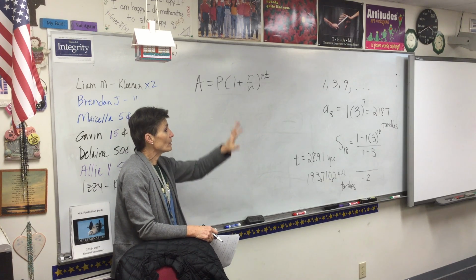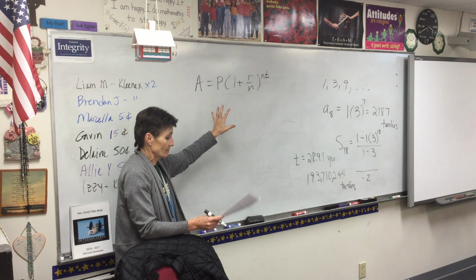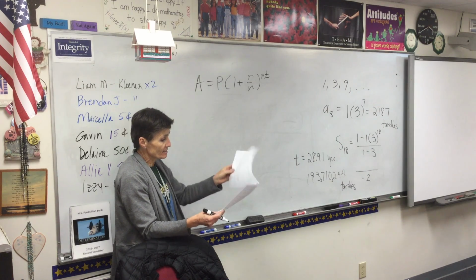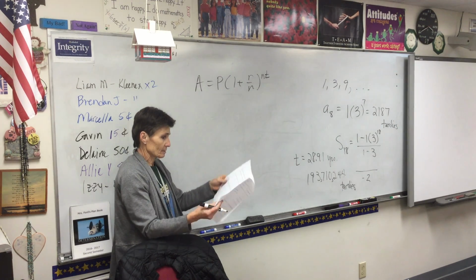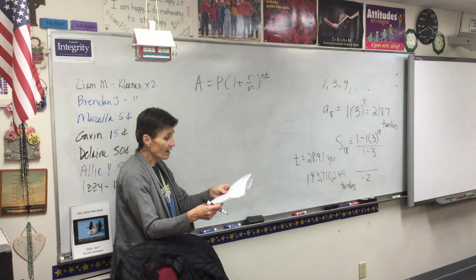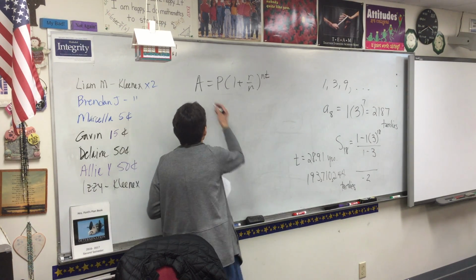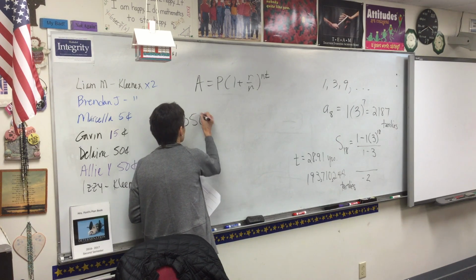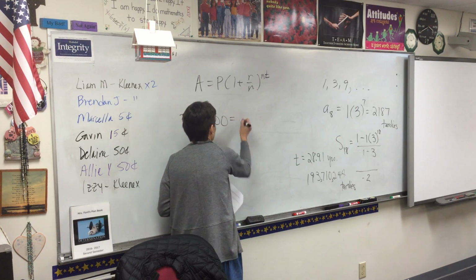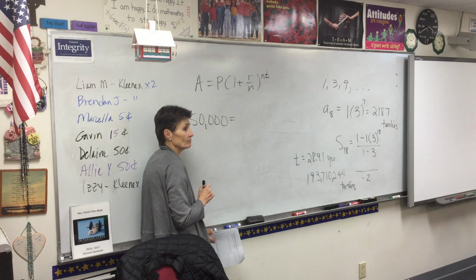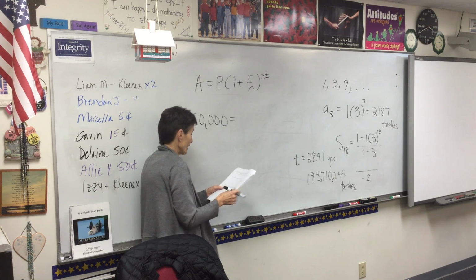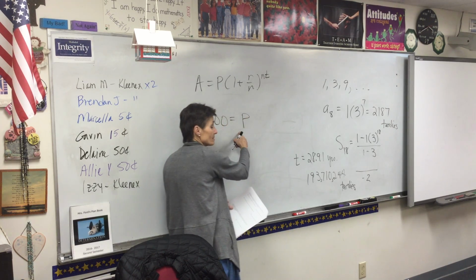How do I know it's that formula? It says compounded quarterly. So, your goal is to have that much money. We want to know what this is.